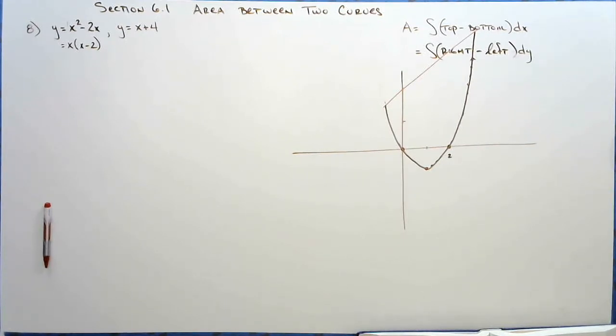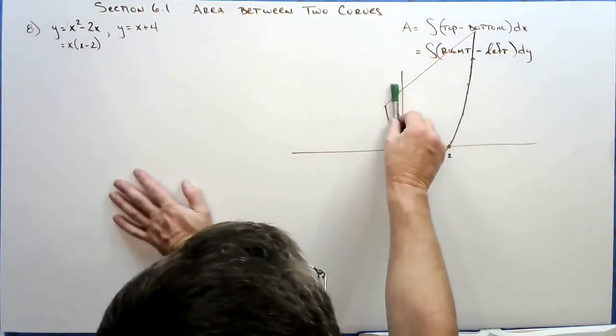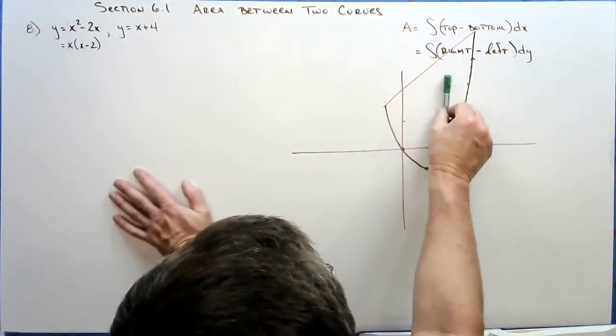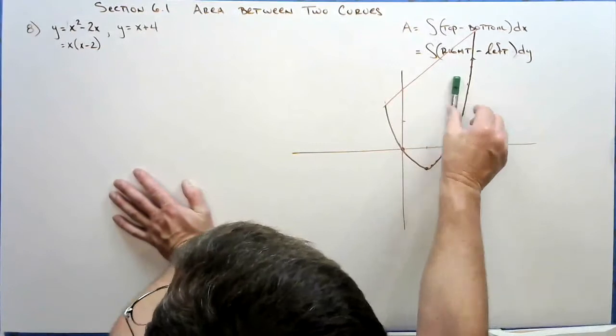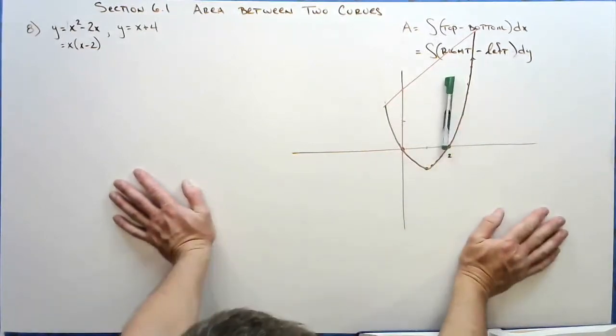So how are we going to find the area of this? Well, it said to draw the sketch and determine whether we want to integrate with respect to x or y. How do we make that determination? Well, we look at our region and we ask ourselves, if my approximating rectangles are going to be vertical, then I'm going to integrate with respect to x.